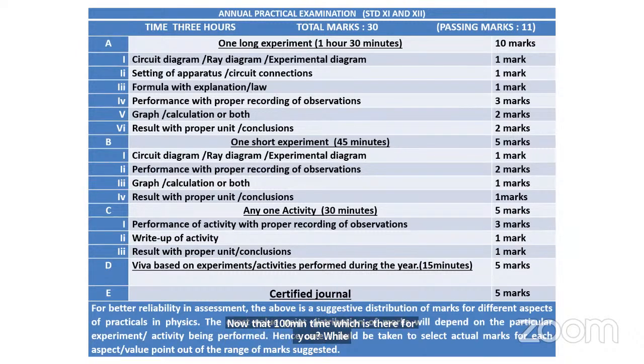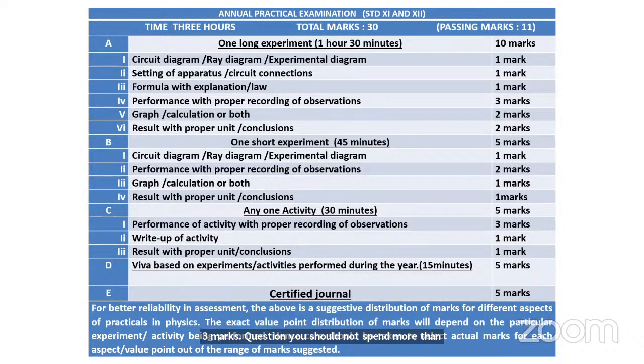Section B, which consists of 2 marks questions, I would suggest that you should not spend more than 5 minutes for each question. So section B, there are 8 questions. Spend 5 minutes for each question. So 40 minutes for section B. Section C, 3 marks questions. You should not spend more than 7 minutes for that.